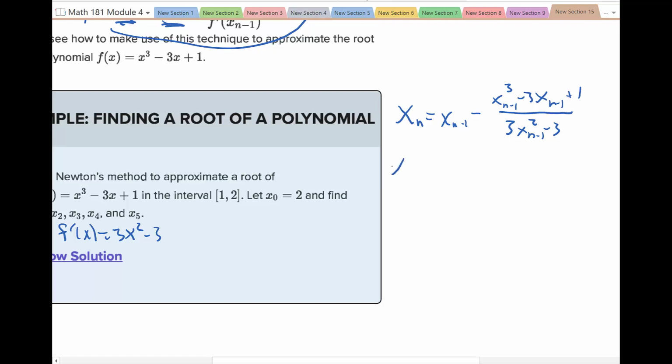Our first term, x sub 1, they tell us to start with this 2. So 2 minus 2 cubed minus 3 times 2 plus 1 over 3 times 2 squared minus 3. From that, I get 5/3. Now they want us to get x2.